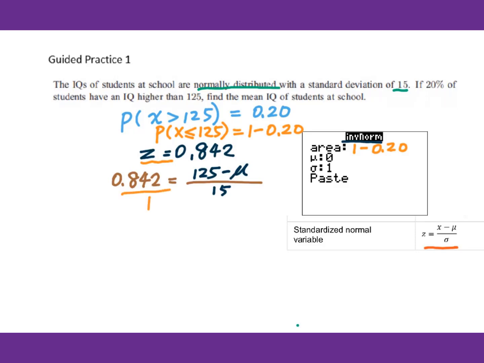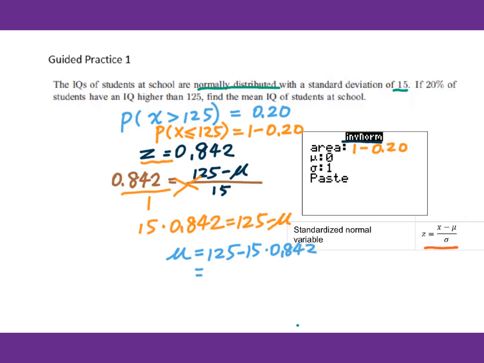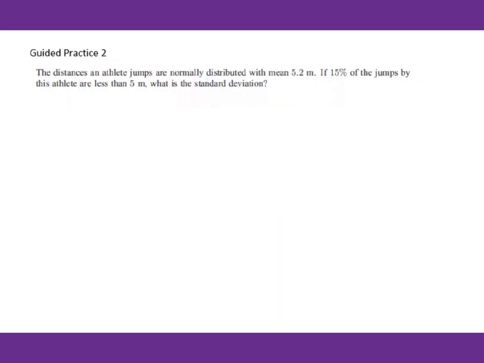You cross multiply, and get 15 times 0.842 equals 125 minus mu. So mu equals 125 minus 15 times 0.842. You will get 112. Now let's go to guided practice 2.